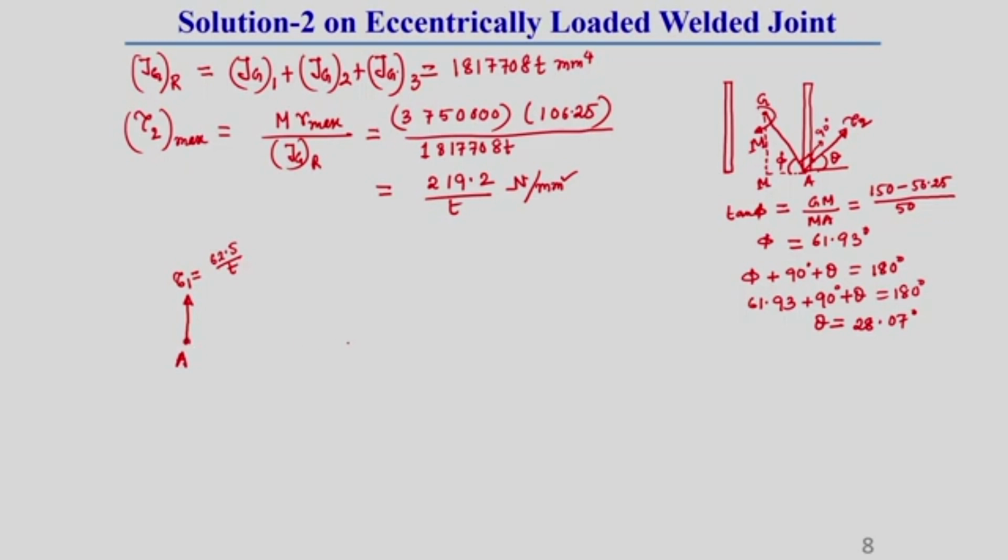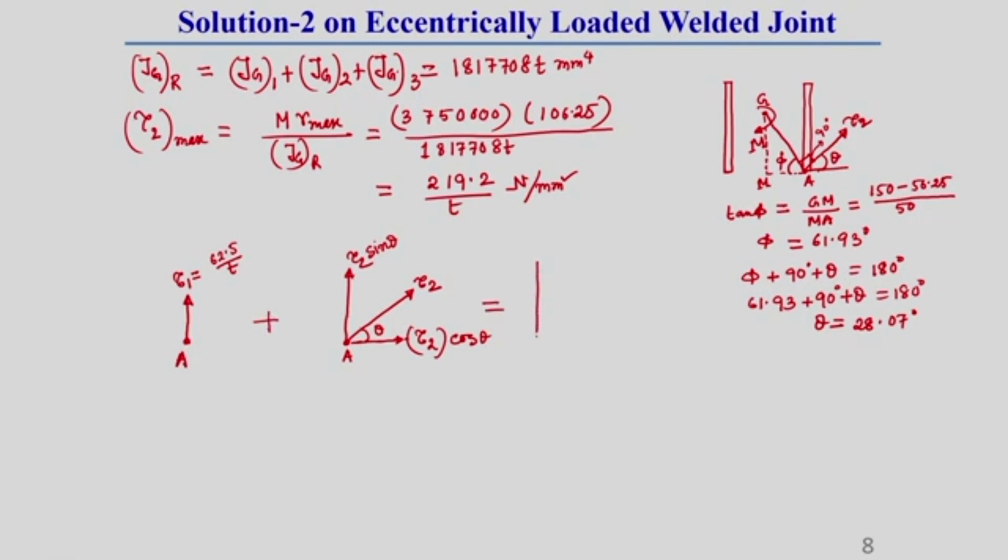Then at point A, tau 2 acts at theta angle. So tau 2 has two components: the horizontal component is tau 2 cos theta, and the vertical component is tau 2 sin theta.